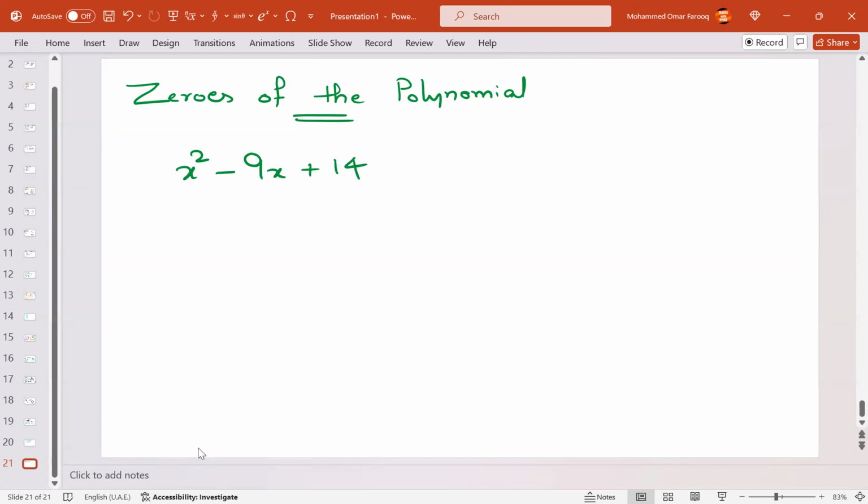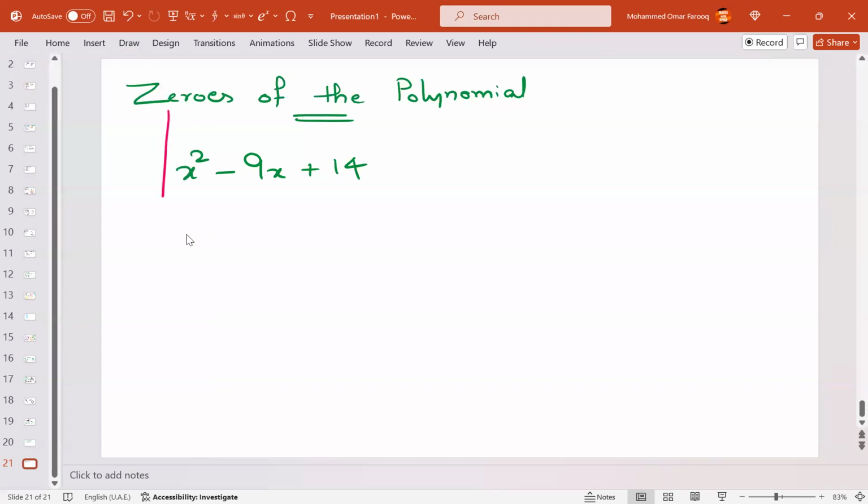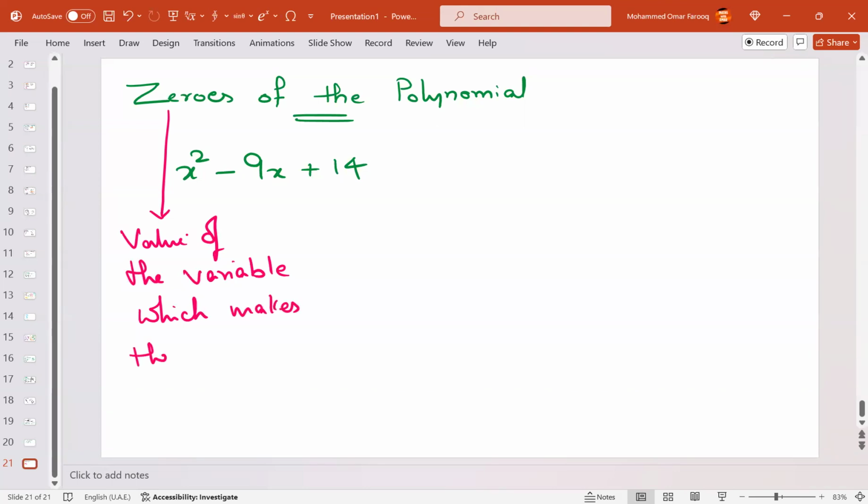So now, what is zero of the polynomial? The zero of the polynomial is the value of the variable which makes the value of the polynomial 0.